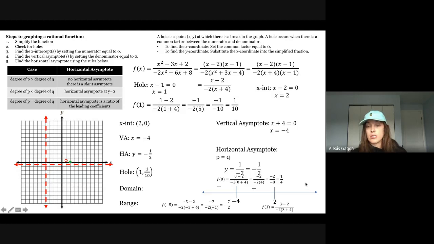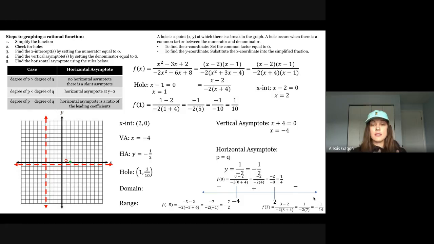And then if I plugged in 3, so past the x-intercept right there, I get a negative 1/14, so that's going to be negative. And I could have plugged in a 4 here. I could have plugged in 1. I could have plugged in negative 6. It just has to be some number less than this, some number between it, some number greater than this.